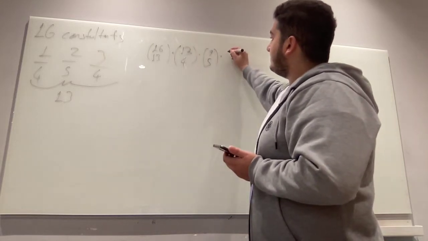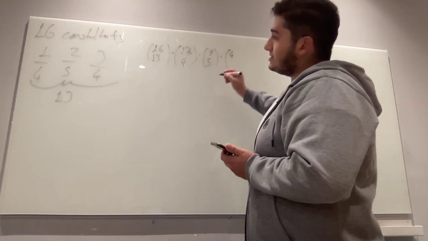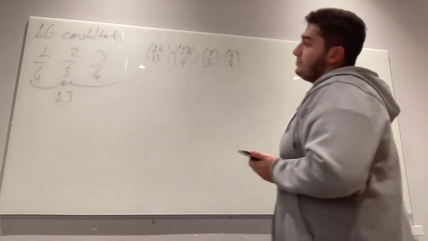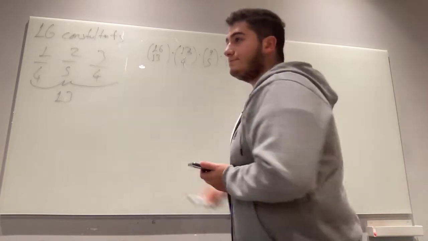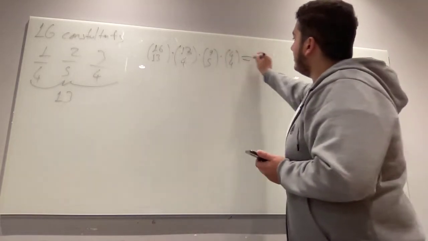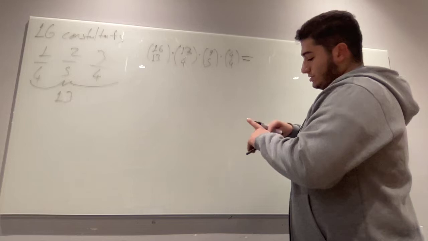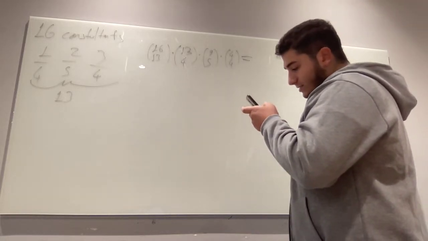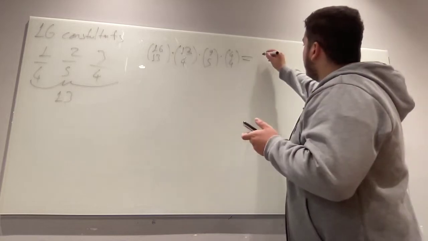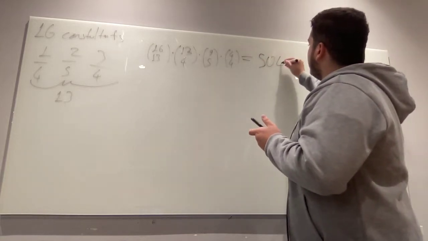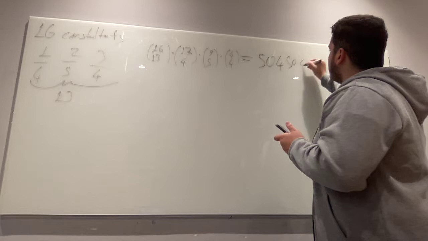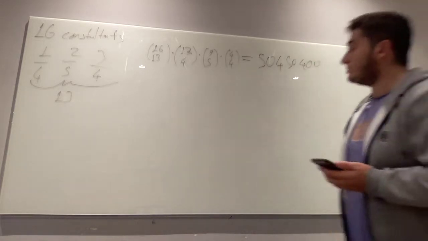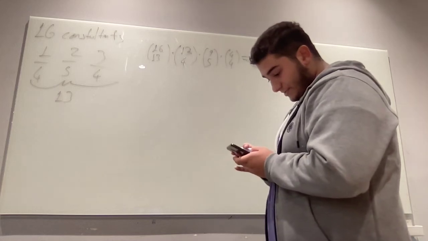At the end, I have 4 other consultants remaining, and I will choose 4 of the 4 for project 3. That's the data. It's a large number, equal to 50,450,400. That's the possible ways to calculate it.